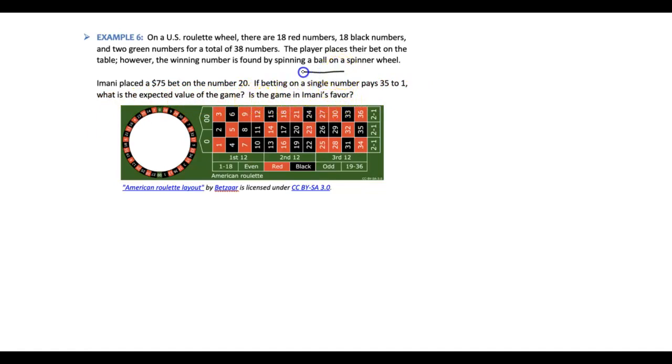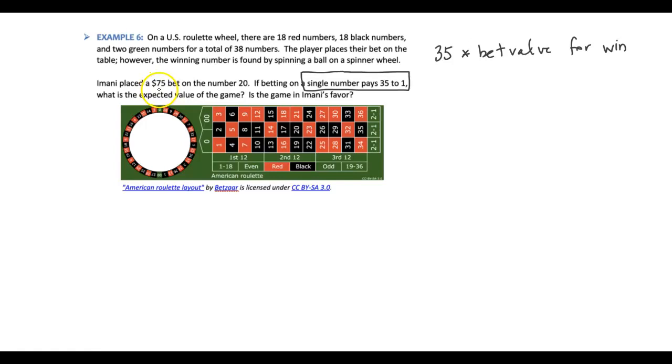Looking at a single number paying 35 to 1, let's discuss what that means. One way to interpret that would be the 35 is multiplied by the bet value for a win. In this case, the bet value is a $75 bet.